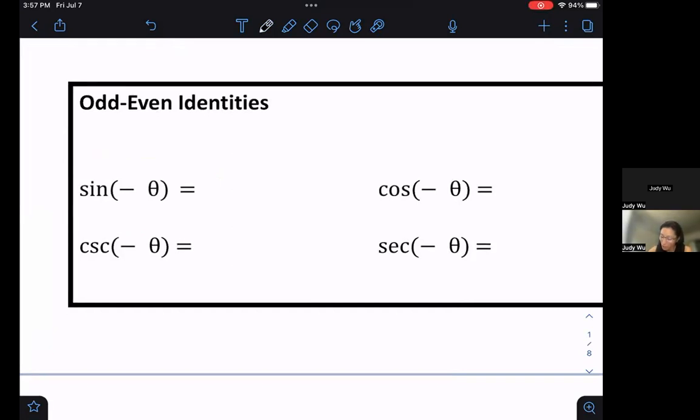If sine is odd, that means sine of negative theta is equal to negative sine of theta. And since cosecant is its reciprocal, it's also odd. So cosecant of negative theta is negative cosecant theta.